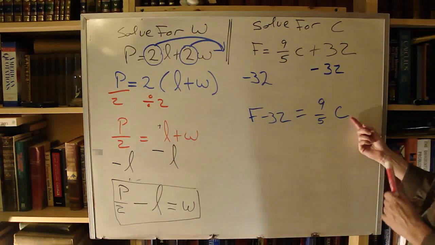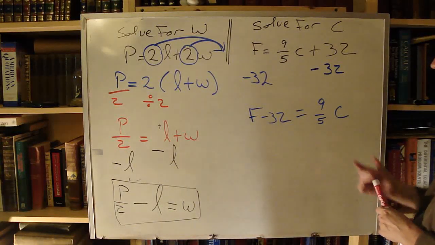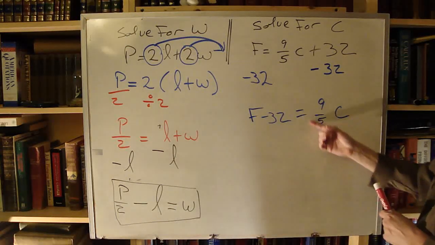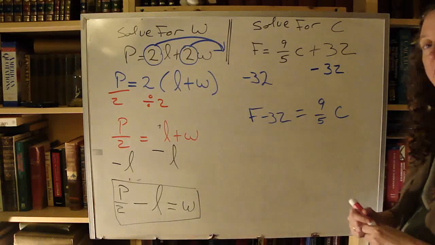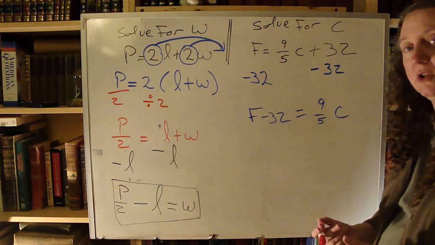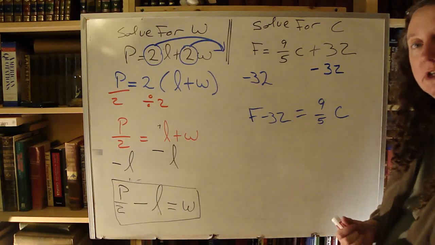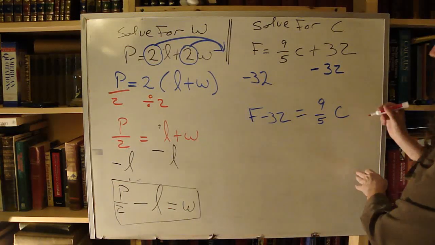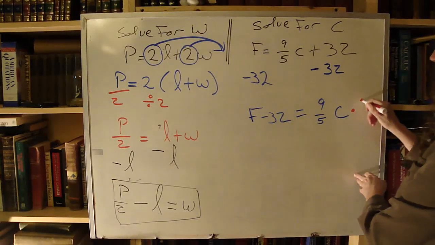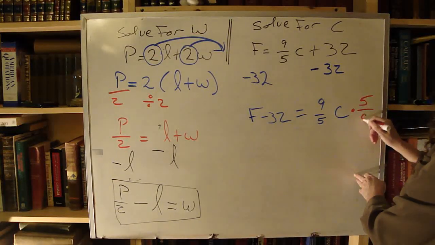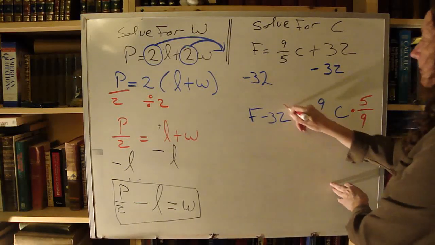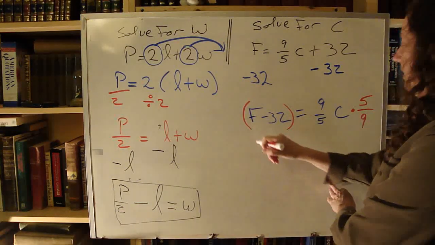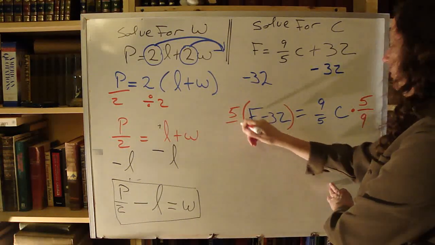My C is not yet completely alone. I need to get rid of the 9/5. One of the reasons that I'm okay with fractions is because I know how to get rid of this. I am going to multiply by the reciprocal. And I'm going to multiply everything on that side by that same reciprocal.